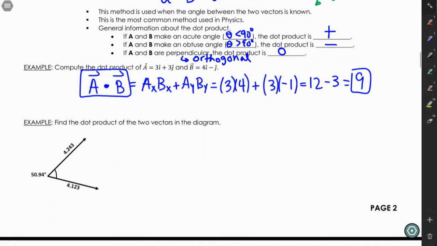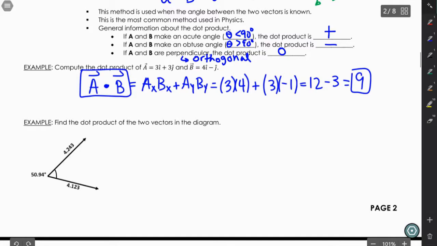Okay, here's another example, but this time we're going to use the angle in between them. This is very common. This is basically what we'd be doing when we're determining work done. We're going to find the dot product of the two vectors in this diagram. They tell us the magnitudes are 4.243 for one and 4.123 for the other, and the angle between them is 50.94.